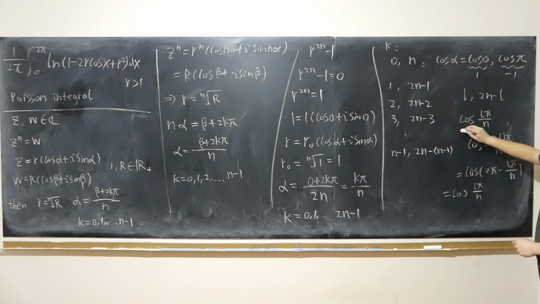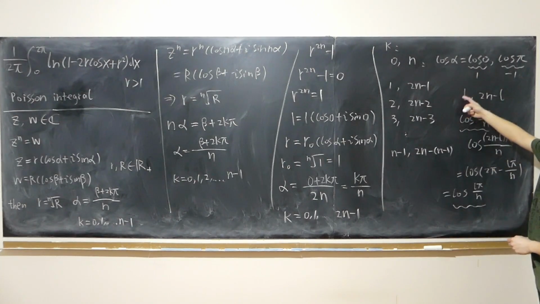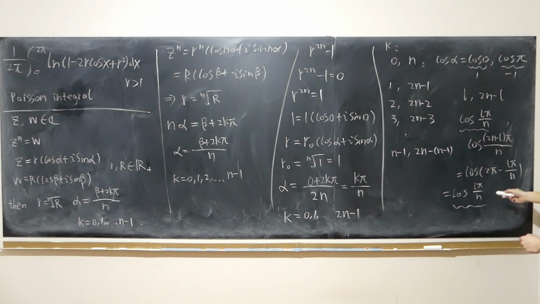So they're the same. So symmetrical cosine, this and that. For cosine, they're the same, but for sine they may be opposite, because if it's sine, get rid of 2 pi, but sine of negative, so sine is odd. So for sine, it's going to be opposite.